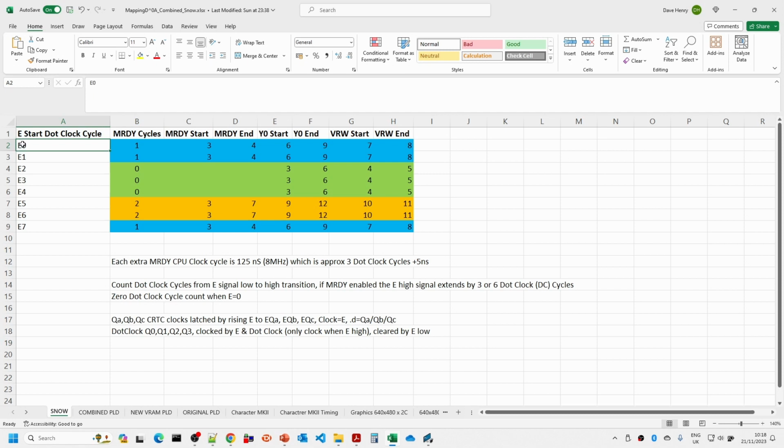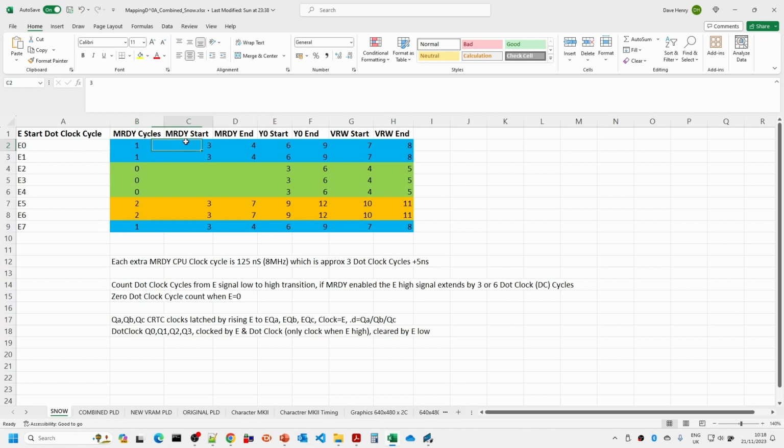So when the E CPU signal went high on clock cycle 0, 1 to 7, we're able to work out whether or not we needed any extra CPU clock cycles. That's the 8 megahertz clock. For the first two we needed 1 clock cycle, the next 3 we didn't need any, then for 5 and 6 we needed 2 clock cycles, and for 7 we needed 1 clock cycle.